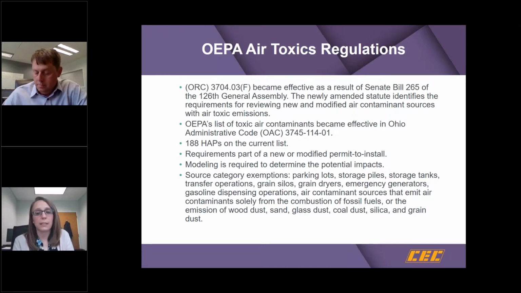And the list of air toxic emissions can be found in the rule that's cited on the slide, OAC Rule 3745-114-01. There are approximately 188 HAPs on the current list. It also outlines the requirements of a new or modified permit to install.